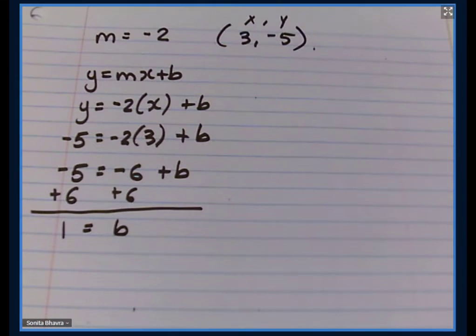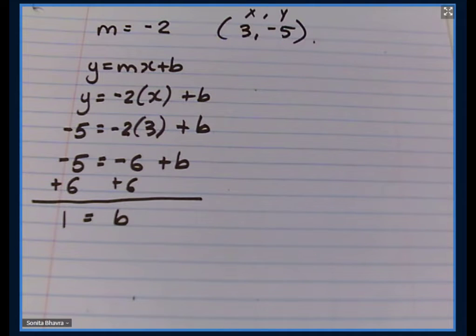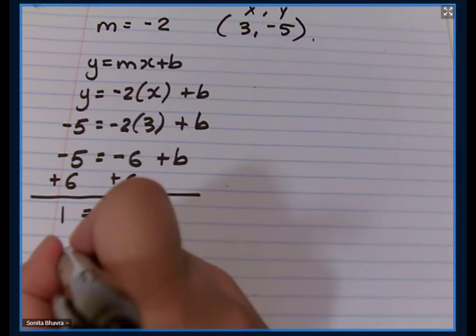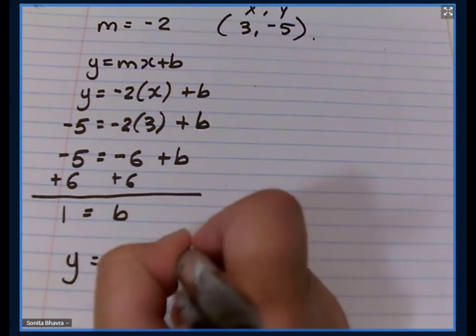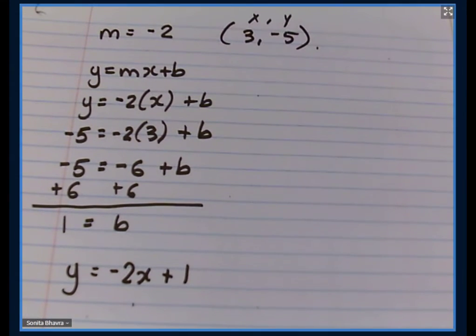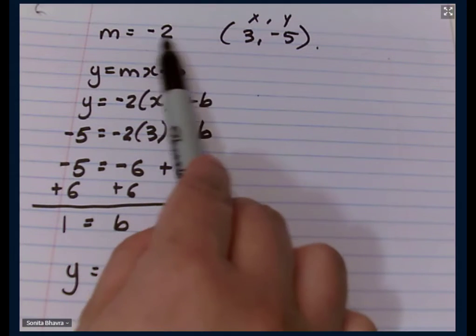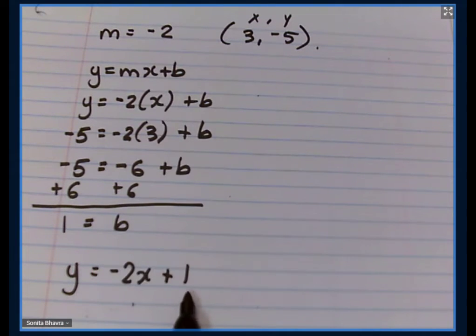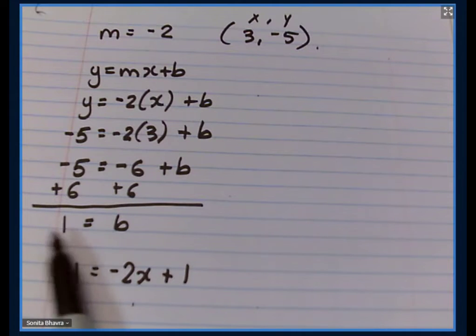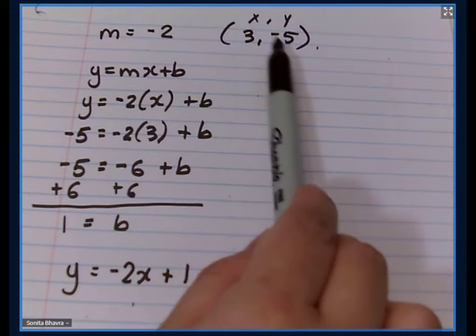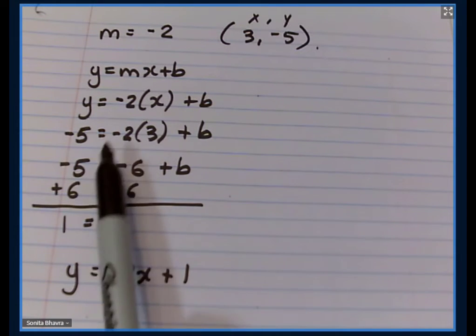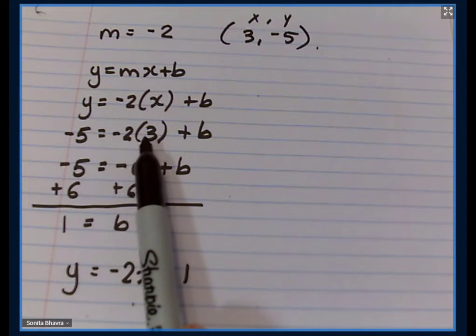All right, so now that he solved for b, he can put his equation as y equals negative 2x plus 1. All right, again, he got this negative 2. That's the slope right from here. And we just calculated the value for b by plugging in the point for x and y right into the equation for y and x.